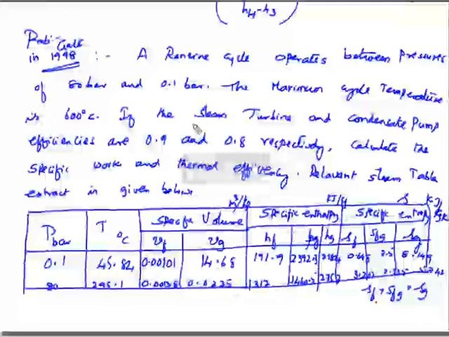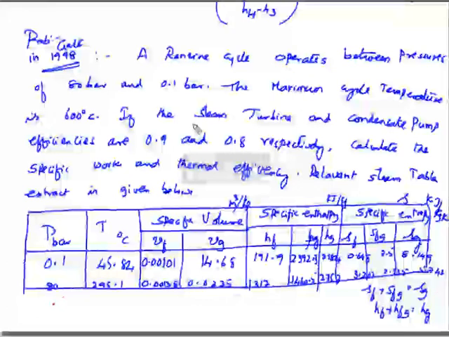A point could be noted here: if Sf and Sfg are given, Sf plus Sfg is Sg. Similarly, Hf plus Hfg is Hg at any pressure or saturation temperature. So, when you are talking about specific enthalpy, it is sufficient to give either Hf and Hfg or Hf and Hg. All three need not be given. Similarly for entropy also.